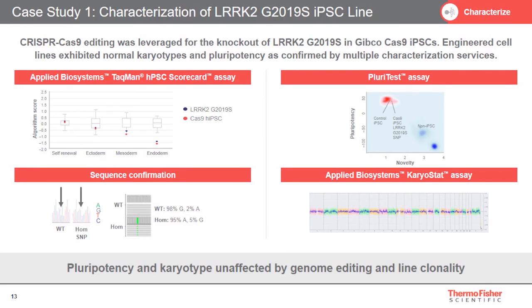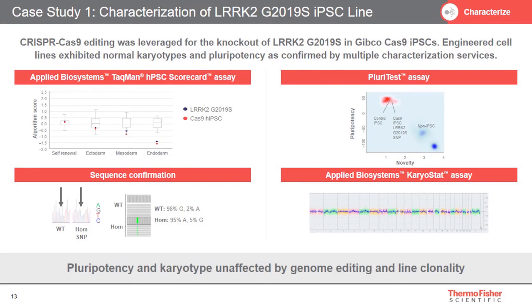And you can see that the edited iPSCs are shown to be pluripotent by both the scorecard and the PluriTest assay. In the PluriTest assay, seen in the top right panel, you can see that the LRRK2 G2019S mutant clusters with other validated iPSC lines, which is the red cloud.